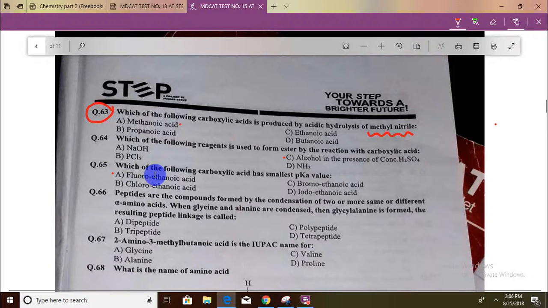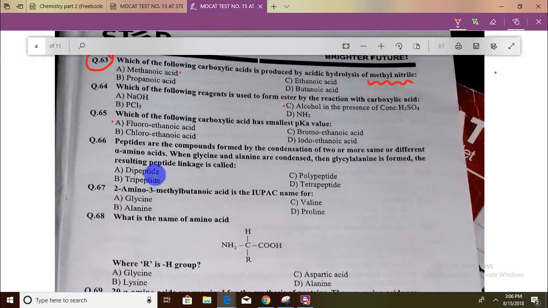So peptides are compounds formed by the condensation of two or more same or different alpha amino acids. They can be the same, they can be different, they need to be at least two, but can most certainly be more than two.